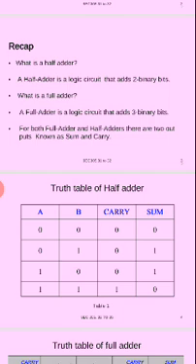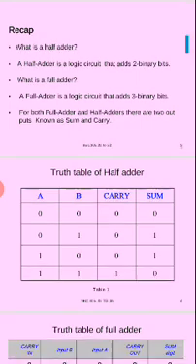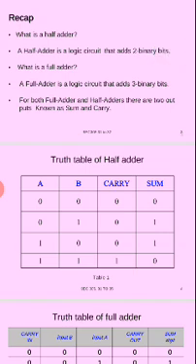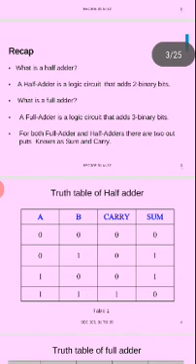What is full adder? A full adder is a logic circuit that adds three binary bits. For both full adder and half adder, there are two outputs known as sum and carry.